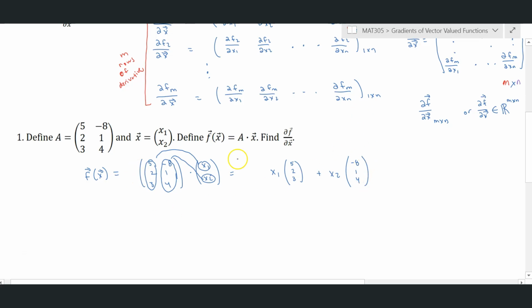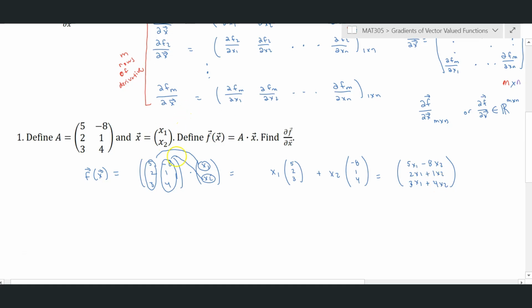And it really amounts to 5x1 minus 8x2. And the second row would be 2x1 plus 1x2. And the third row would be 3x1 plus 4x2.